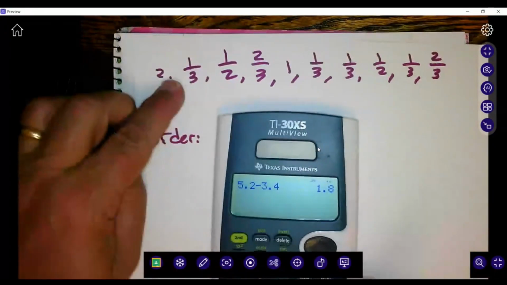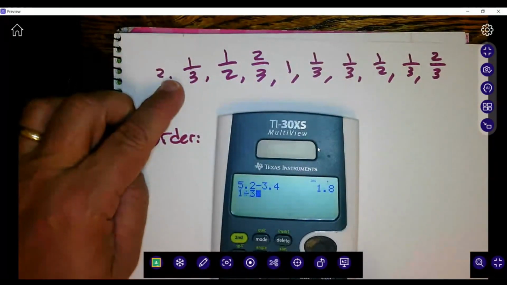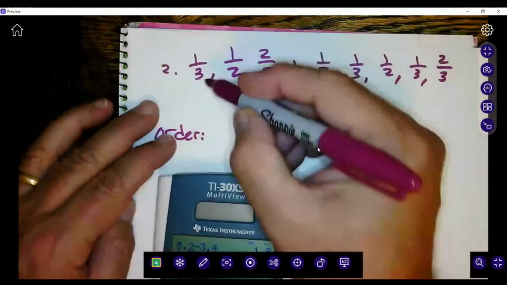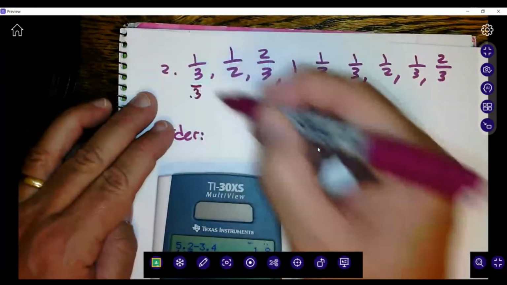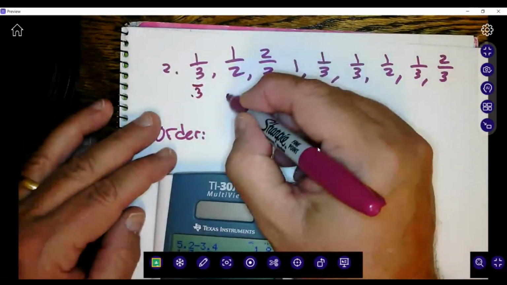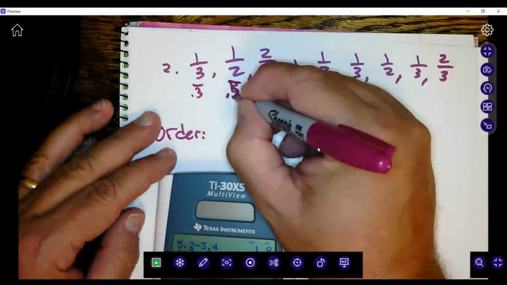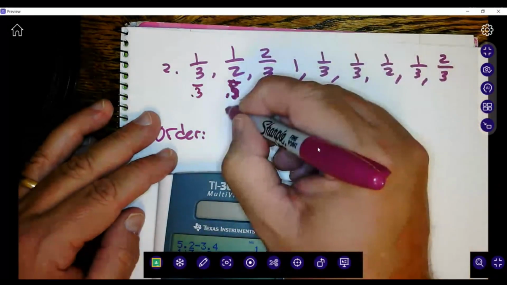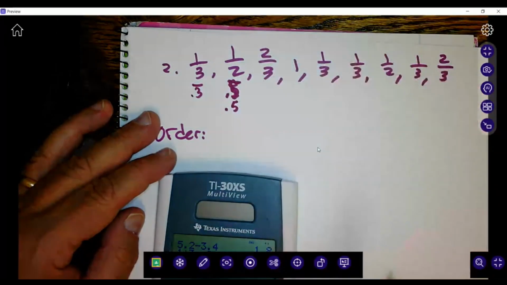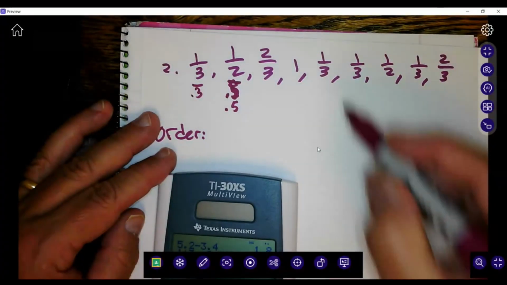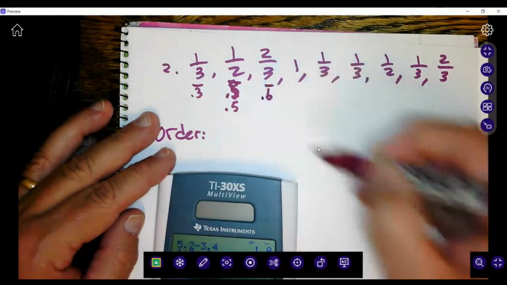So here's what I'm going to do. I'm going to take my calculator and I'm going to do 1 divided by 3, and I get 0.3 repeating. 1/2 you should know is 0.5. You shouldn't have to punch that in the calculator, and that's not repeating. 2 divided by 3 is 0.6 repeating.